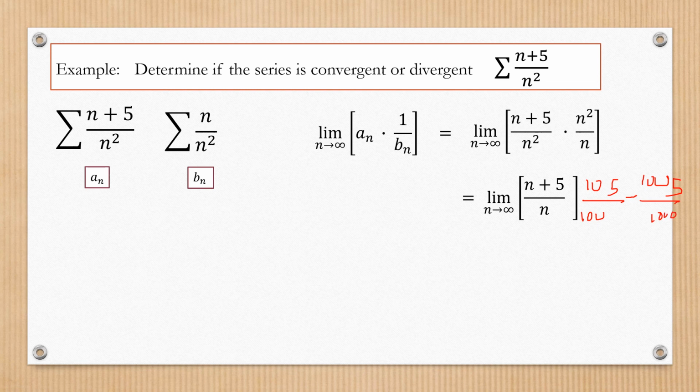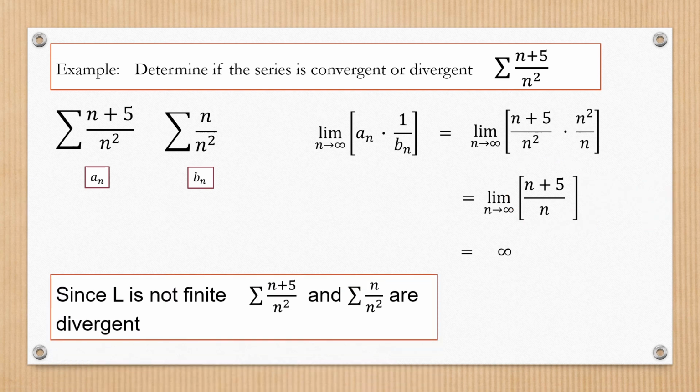So as n increases, the value of the fraction also increases. It does not approach a certain value. That is why the limit is positive infinity. Since the limit is not finite, therefore the two series, An and Bn, are divergent.